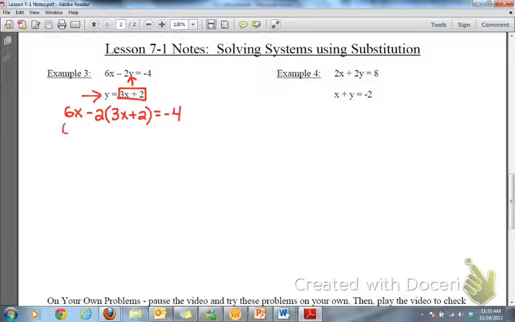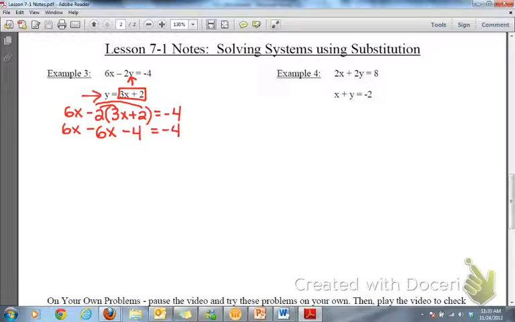So let's see, 6x, this is a negative 2 times 3x, which would be a negative 6x. It's also a negative 2 times a positive 2, as I distribute here. And so that's minus 4, and equals negative 4.